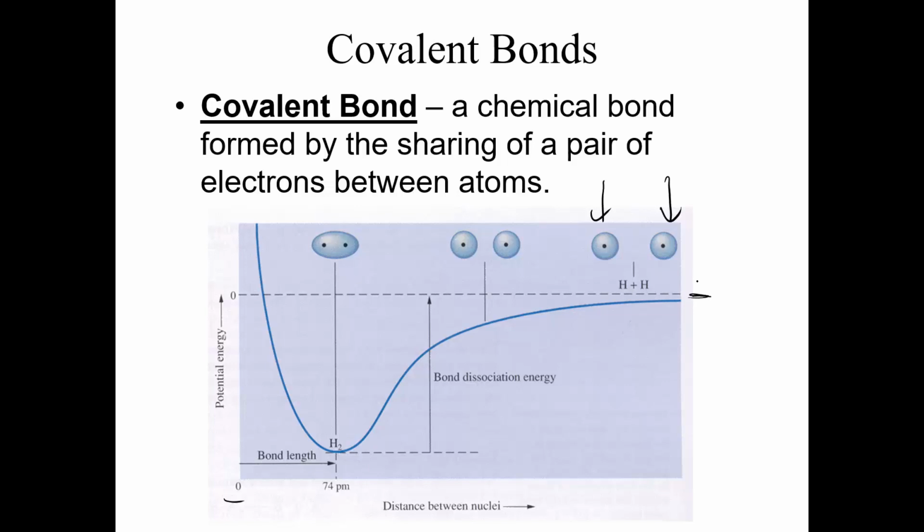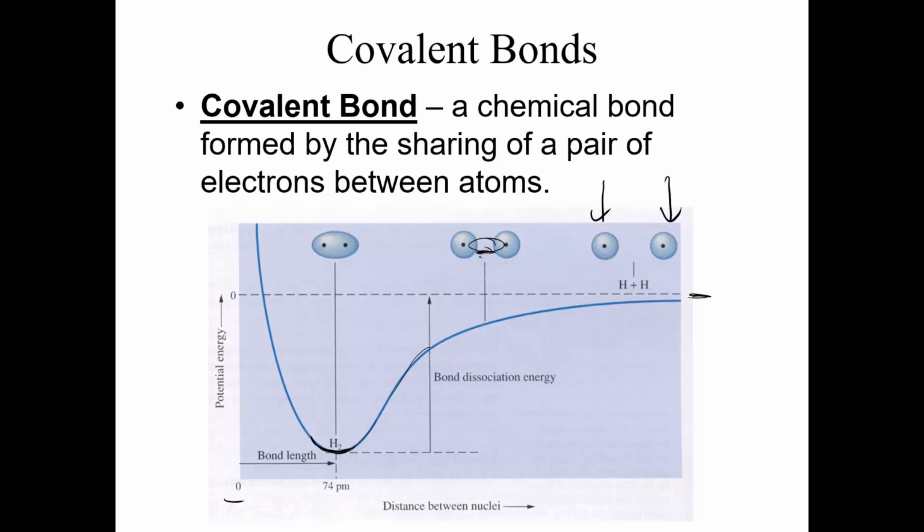As they get closer and closer together, they start to interact. At some point the two electron clouds overlap, and they can start to share electrons. That's when you get a drop in energy.